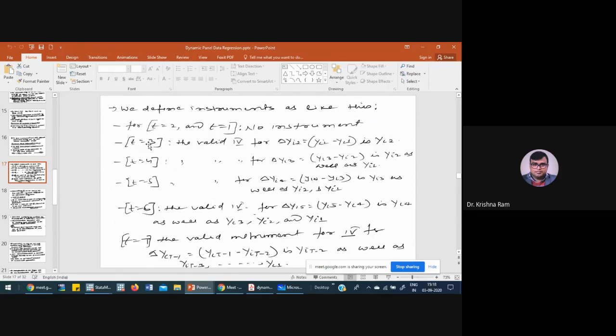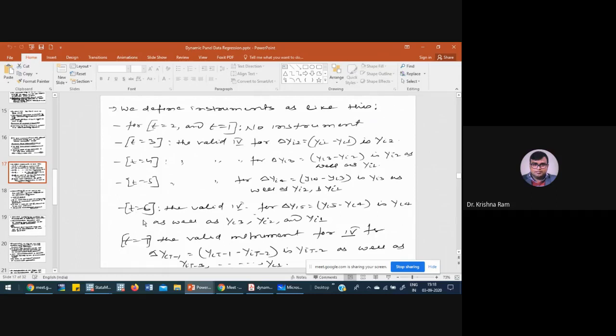That means for the third period, we will have one instrument. For the fourth period, we are having 2 instruments, fifth 3 instruments, sixth 4 instruments, and for the seventh, 5 instruments.